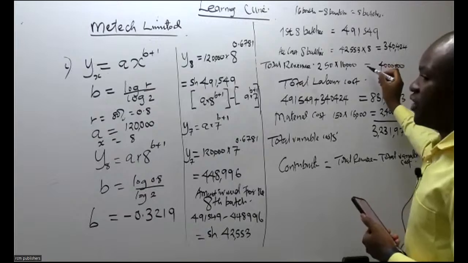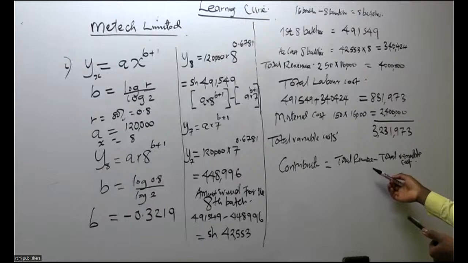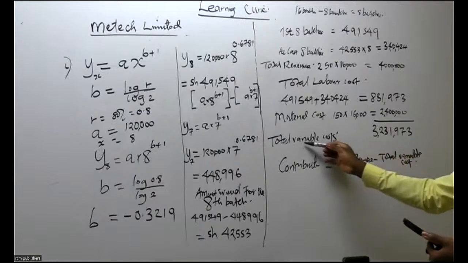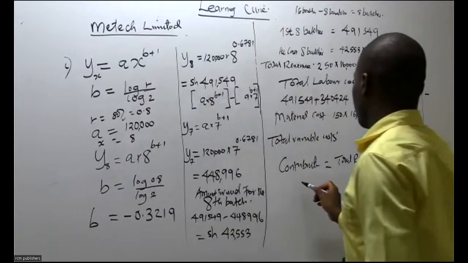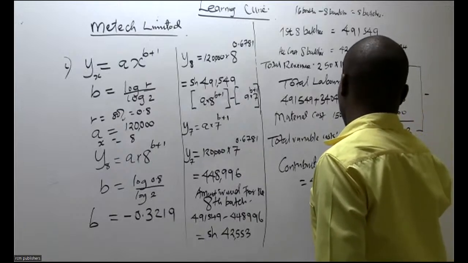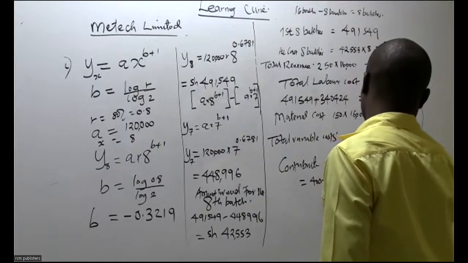When I take my revenue, which is 4 million, less total variable cost, this one here, I should be able to get contribution. So go ahead and give me contribution.